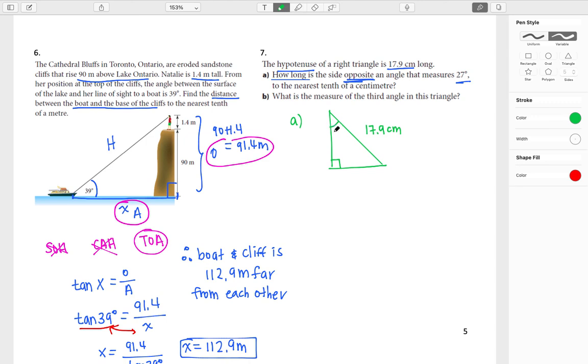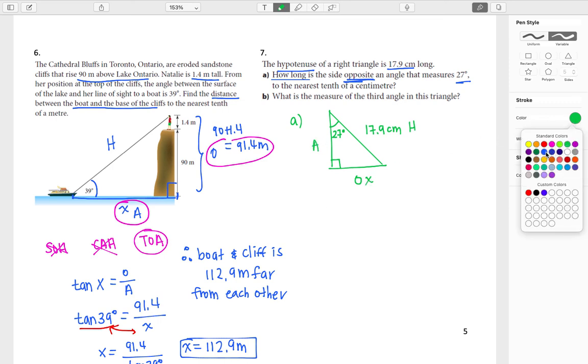Let's say my 27 is over here. Then they're saying, how long is the opposite of an angle that measures 27? So we're looking for the opposite length over here, x. Right? This is the opposite. And this is hypotenuse. And this must be adjacent.